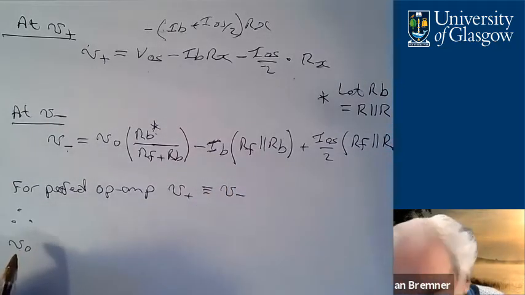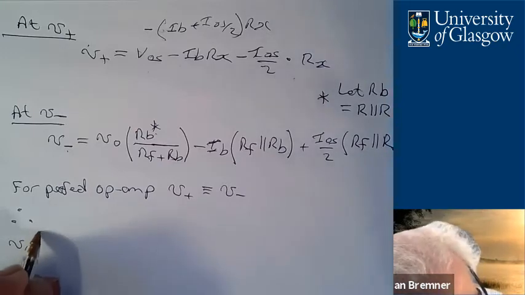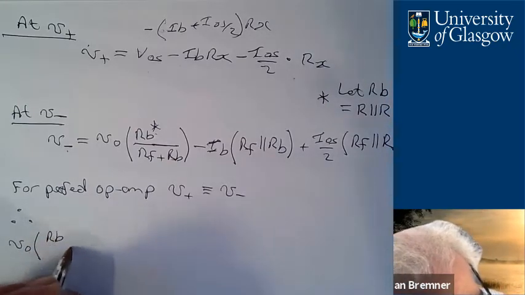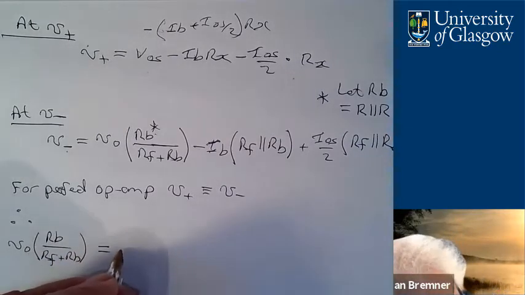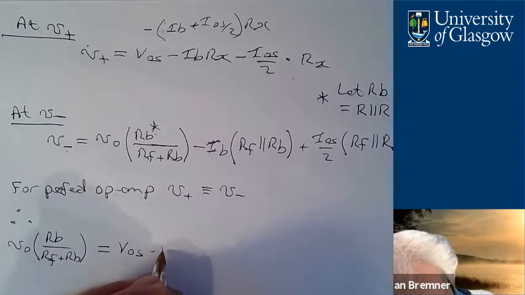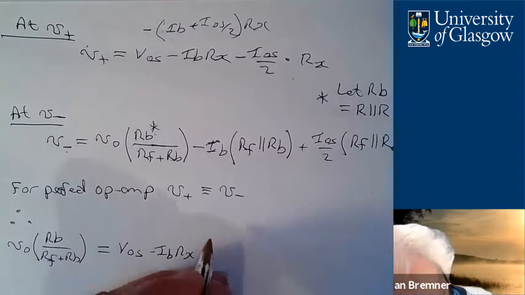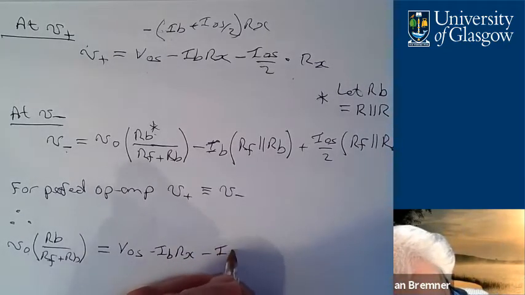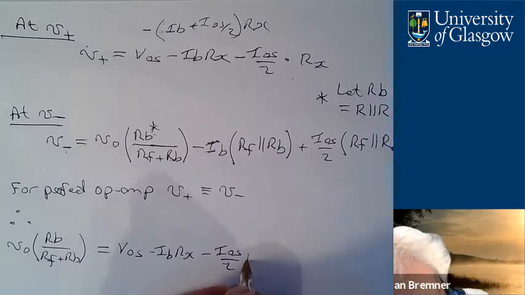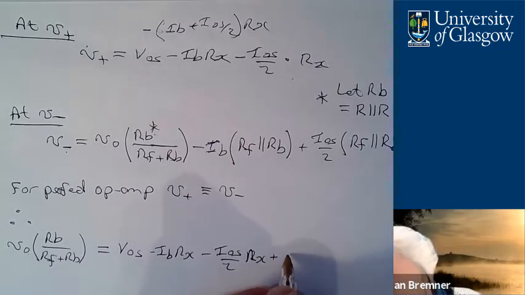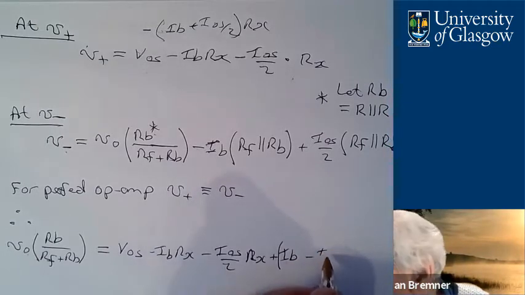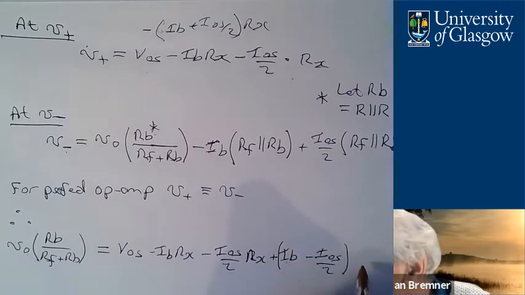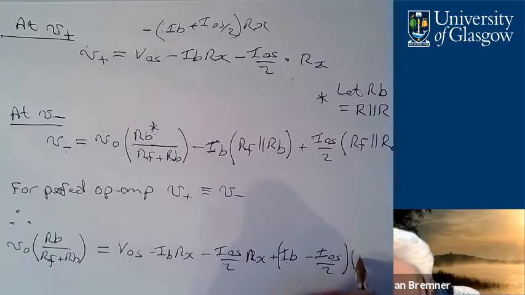For a perfect op-amp, V plus equals V minus. Therefore, V out times RB over RF plus RB equals VOS minus IB Rx minus IOS over 2 Rx plus IB minus IOS over 2 into RF in parallel with RB.